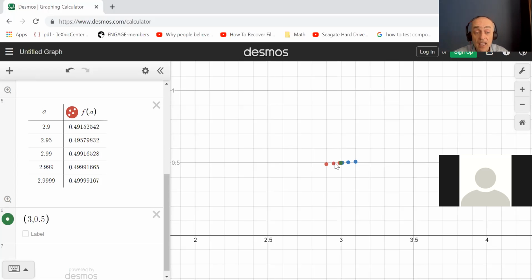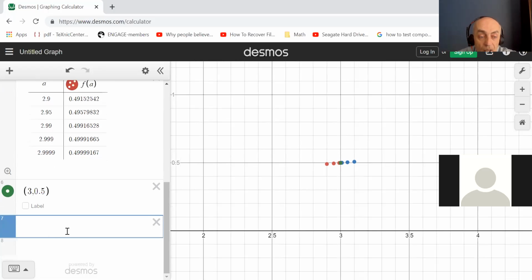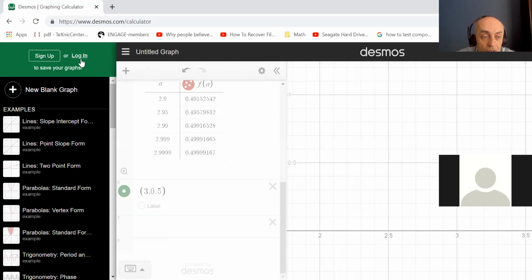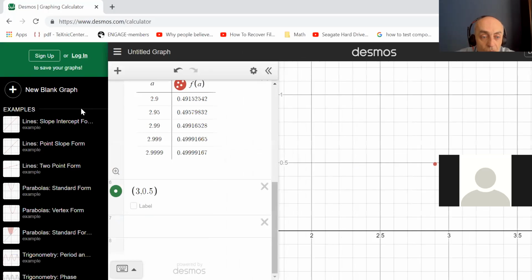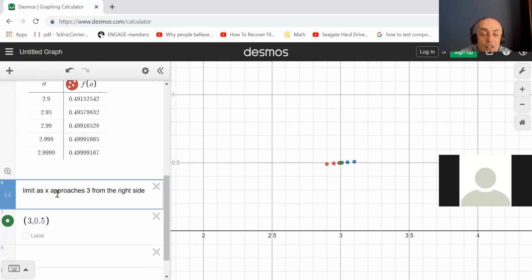So I'm going to write in words that the limit as x approaches 3 from the right side is equal to 0.5.